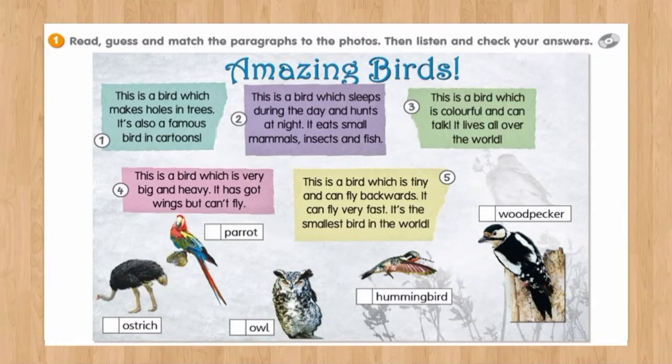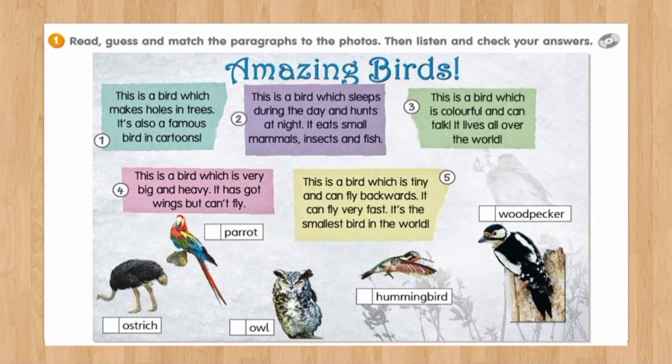Please open your student book, page 33, and listen to the speaker. Activity 1. Read, guess, and match the paragraphs to the photos. Then listen and check your answers. Amazing birds. 1. Woodpecker.